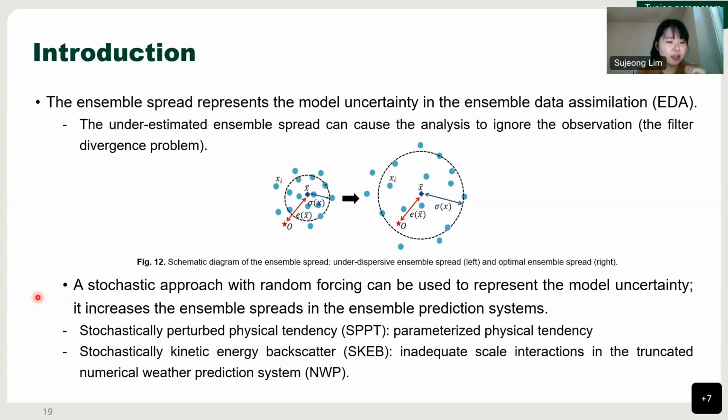A stochastic approach with random forcing can be used to represent the model uncertainty. For example, the stochastically perturbed physical tendency is a famous method to represent model uncertainty by perturbing the parameterized physical tendency.